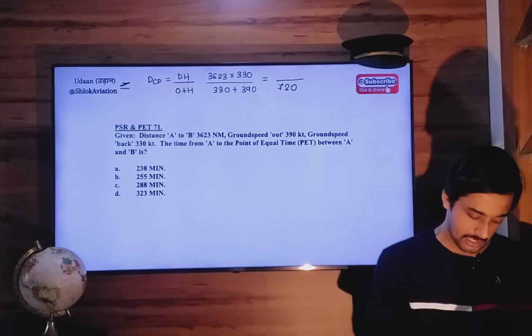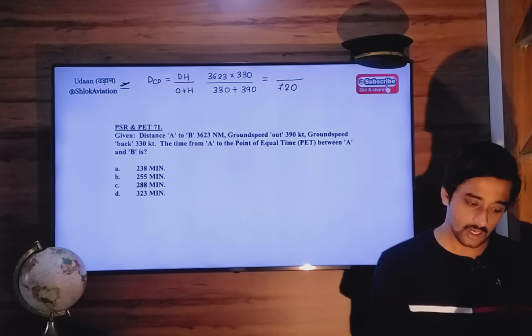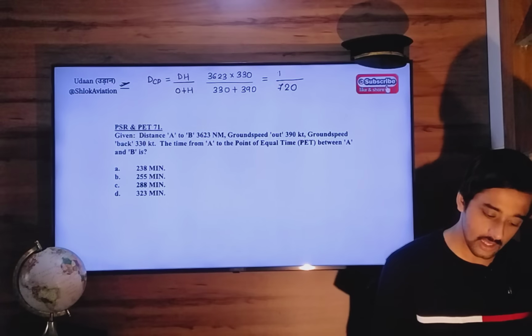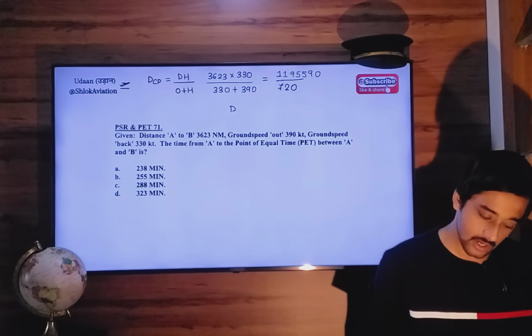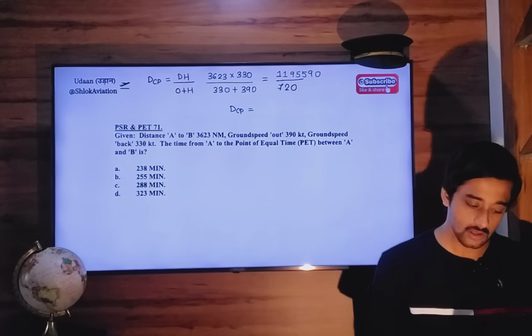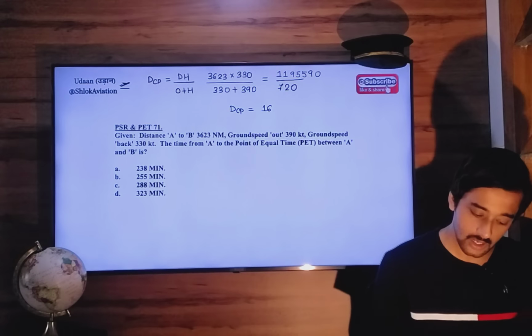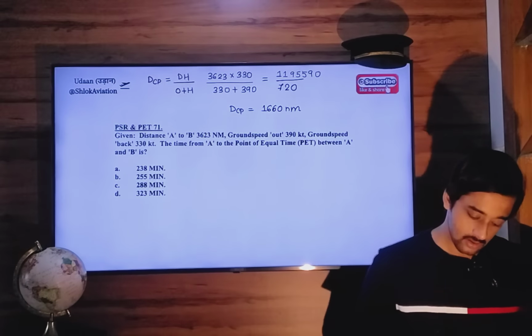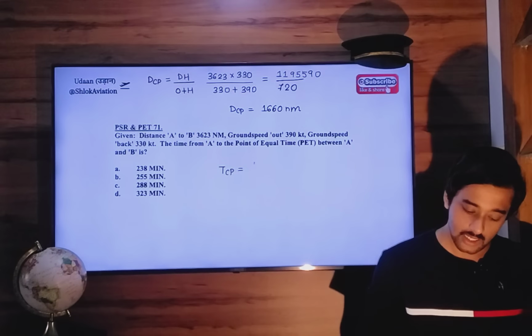In the numerator you have 3623 into 330, which is 1195590. So distance to critical point will be equal to 1660 nautical miles.